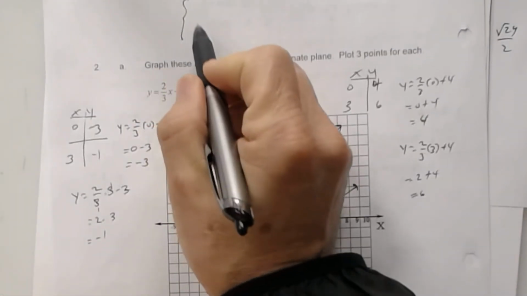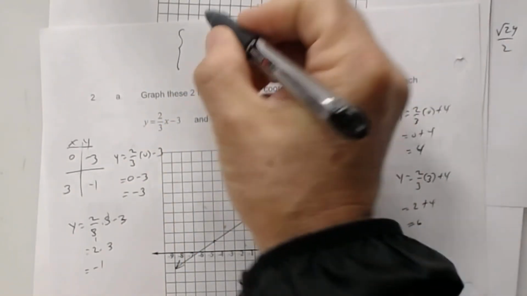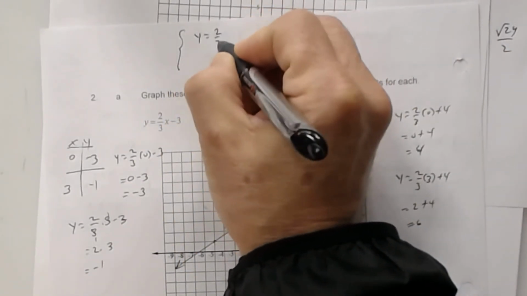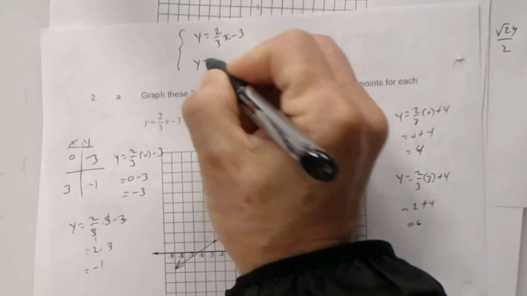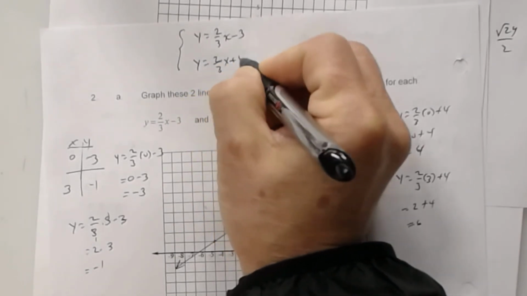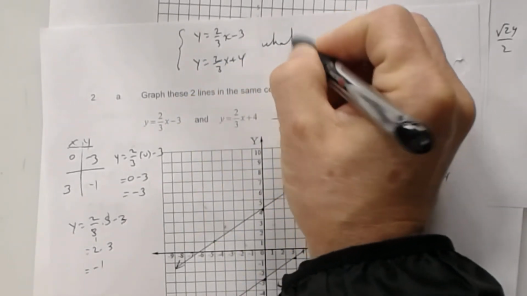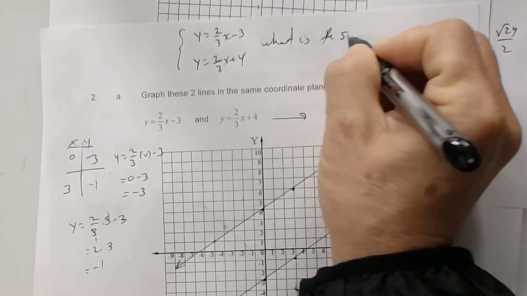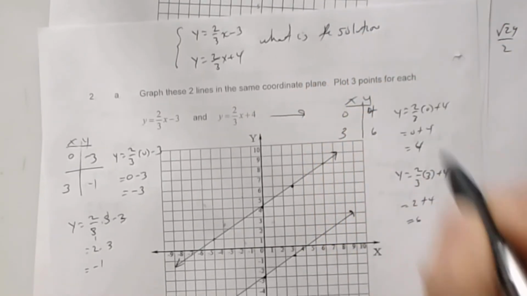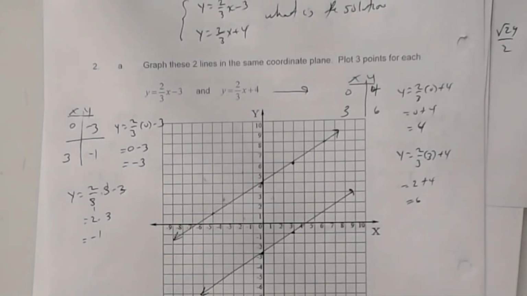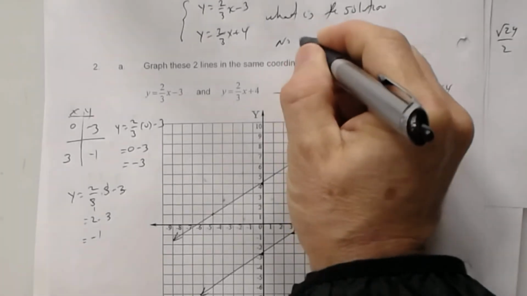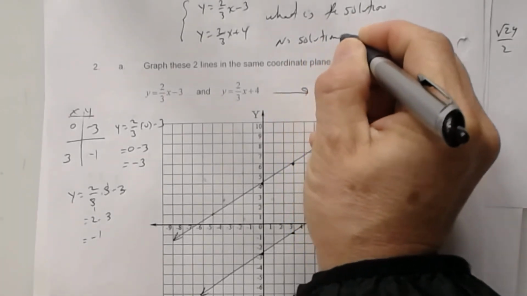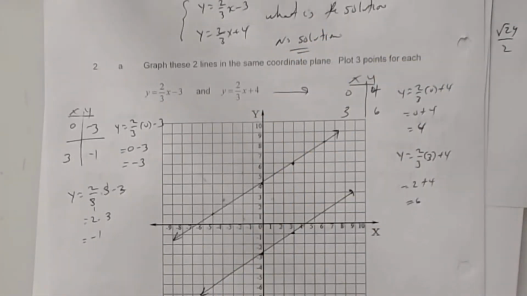Together, remember this means system right here, y equals 2/3 x minus 3 and y equals 2/3 x plus 4. What is the solution? There isn't any because they don't intersect. So you're going to say no solution.